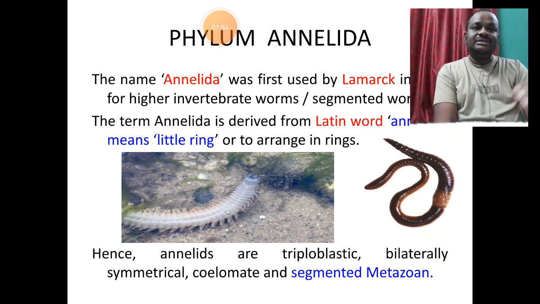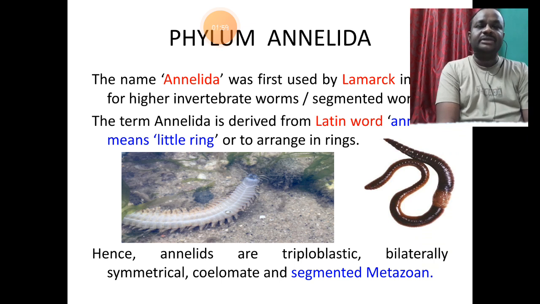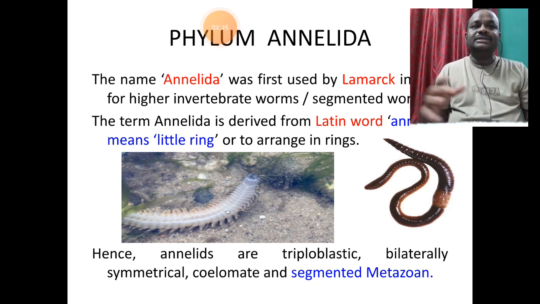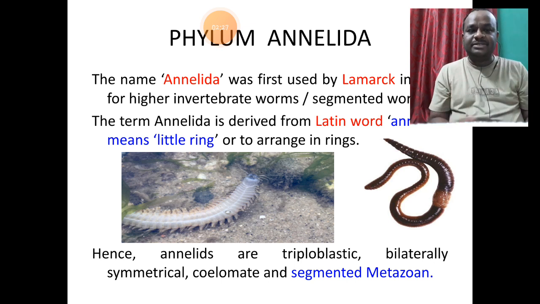Down in the slide, when you look at, we have two organism representations. One towards the right side is of a terrestrial organism, that is the earthworm. Towards the left side is the Nereis, an aquatic annelid. The body configuration of both the organisms shows the presence of ring-shaped segments on the body, so the complete body is divided into a number of rings.